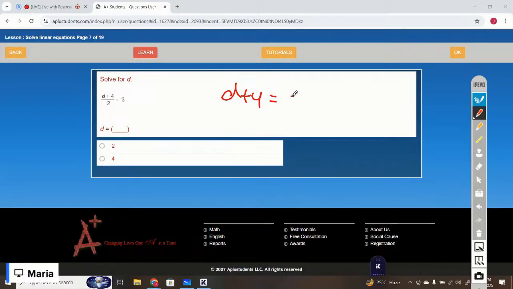So d plus 4 is negative 2 times negative 3. That is d plus 4 equals 6. So d equals 6 minus 4, d equals 2. Option number 1 is the correct option. 2 it is.